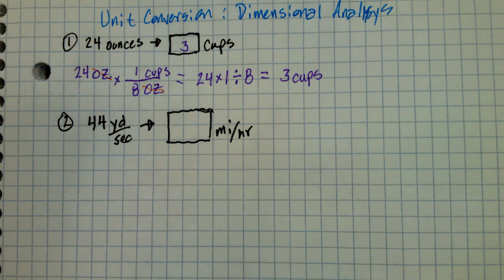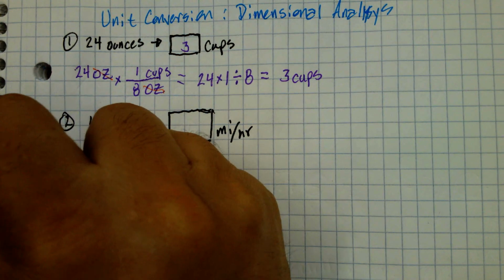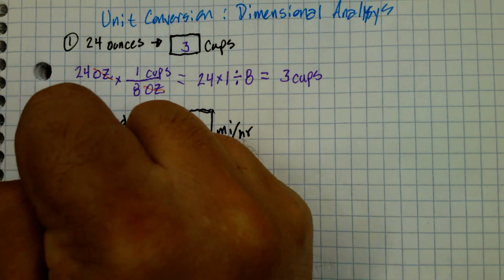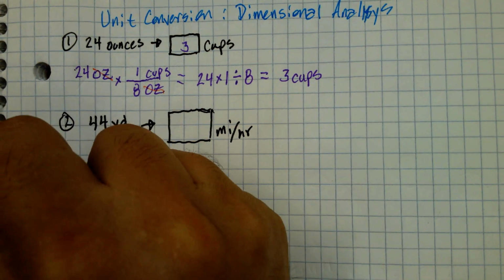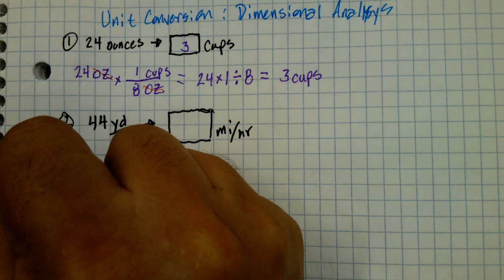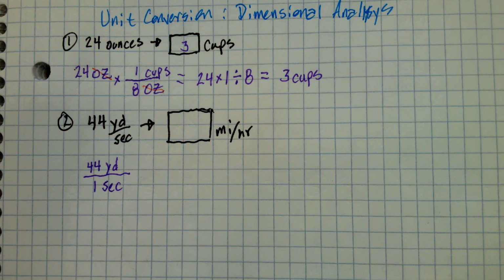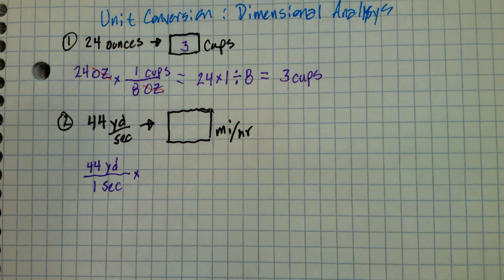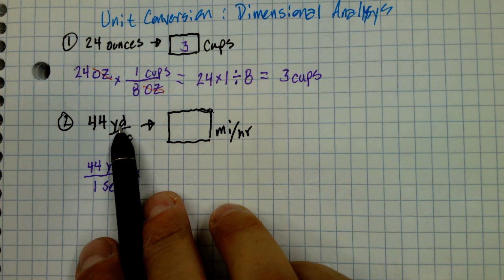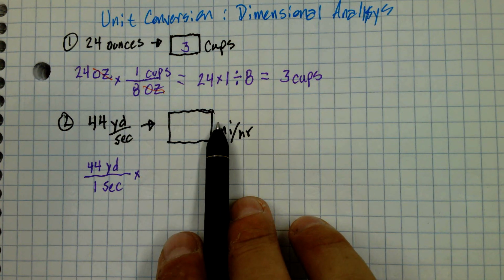Okay, so let's set it up. Over here, we're going to write 44 yards. Those are in the numerator, and then 1 second in the denominator. Okay? And let's try to go first from yards to miles.